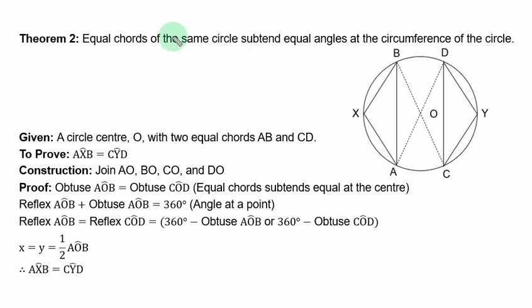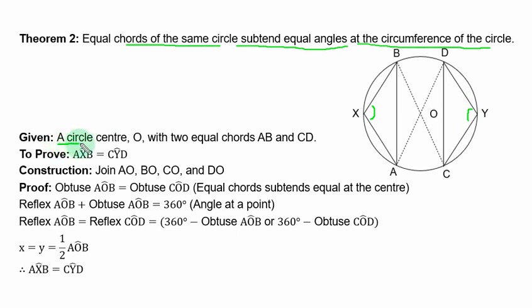Theorem 2. Equal chords of the same circle subtend equal angles at the circumference of the circle. So this is the angle at circumference. This is the angle at circumference. This theorem is stating that if the chords are equal, the angle they subtend at the circumference are also equal.